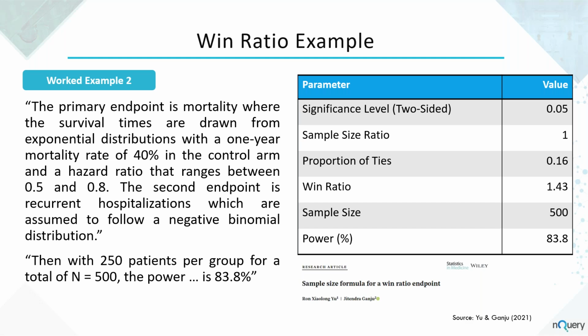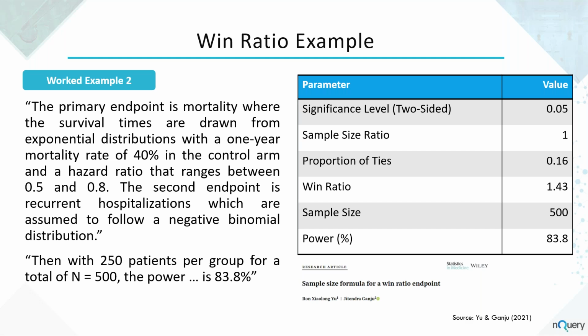The second endpoint in this composite endpoint is recurrent hospitalizations, which are assumed to follow a negative binomial distribution. Each patient's hospitalization times were generated from a Poisson process, where the rate used in this Poisson process was generated from a gamma distribution.